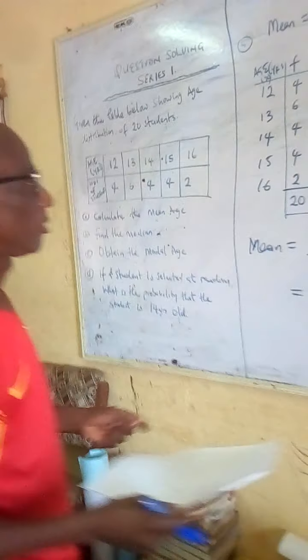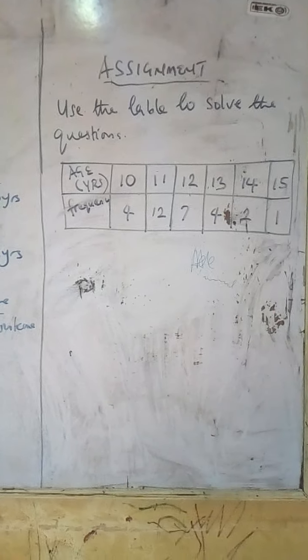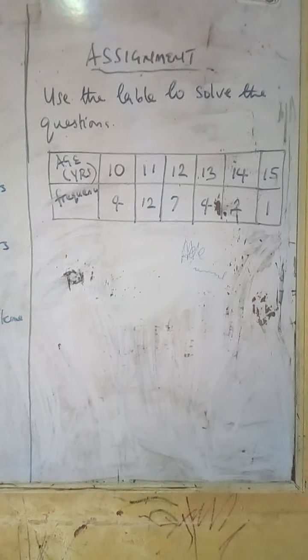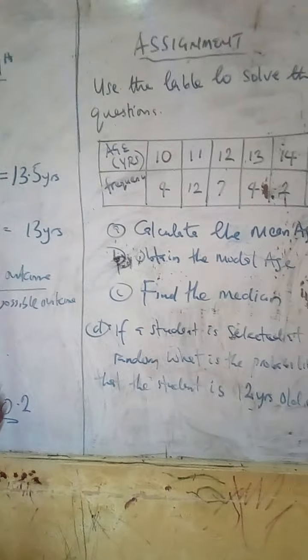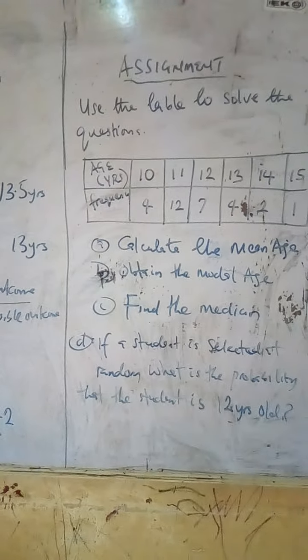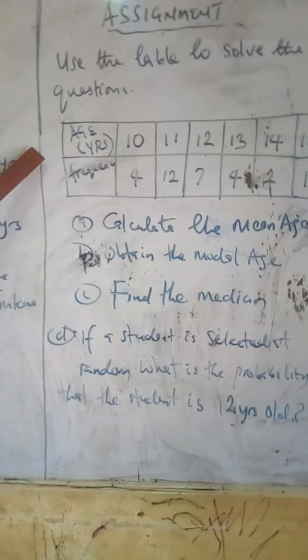Good. I believe we'll go over this telecast severally. Now I'm giving you a take-home assignment. Use the table to solve the questions. This is the assignment for you to try on your own. The table is about age.